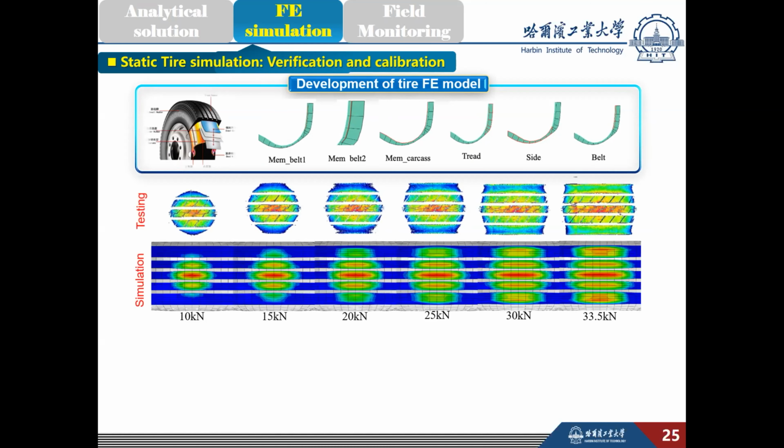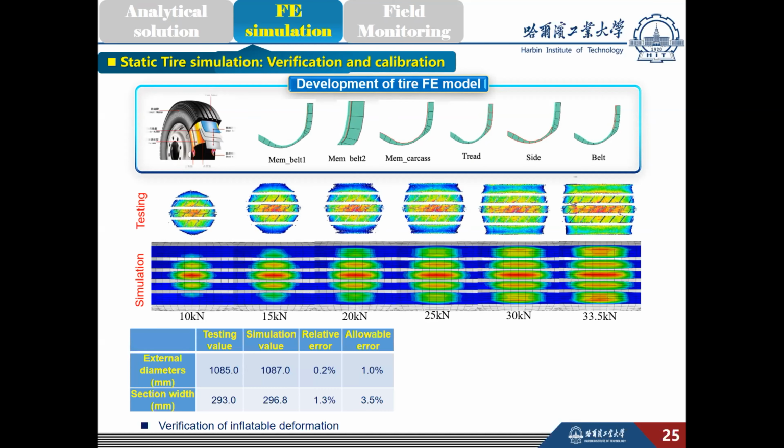This slide presents the static tire simulation results within the Abaqus platform. We could acquire a series of parameters like contact pressure and tire imprint, just mentioned before. This is the comparison between the measurement and the simulation.